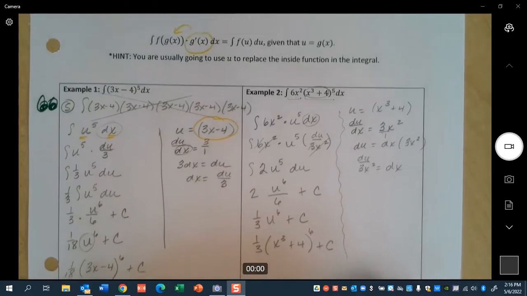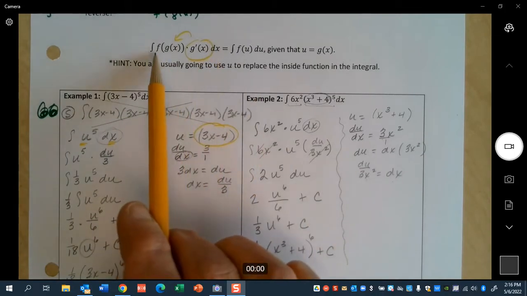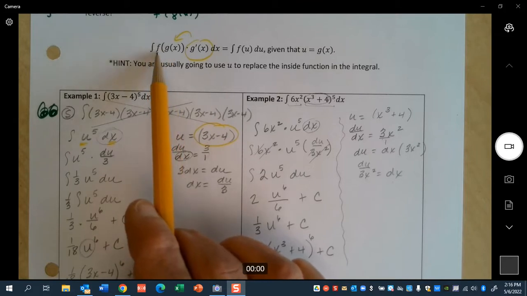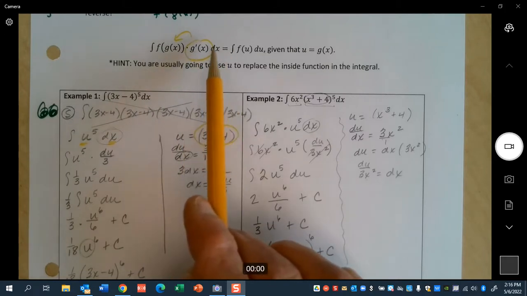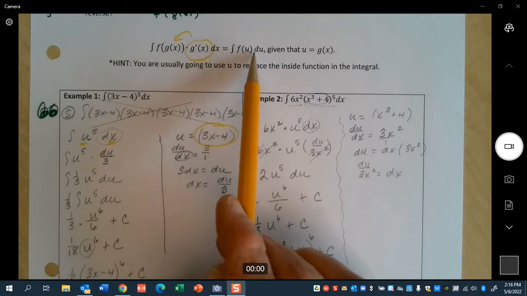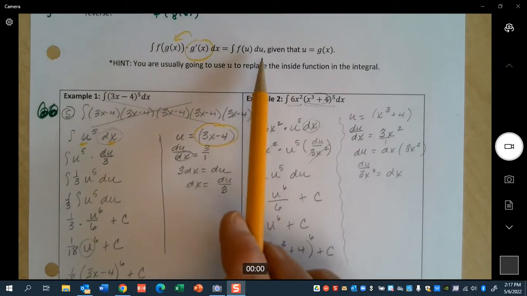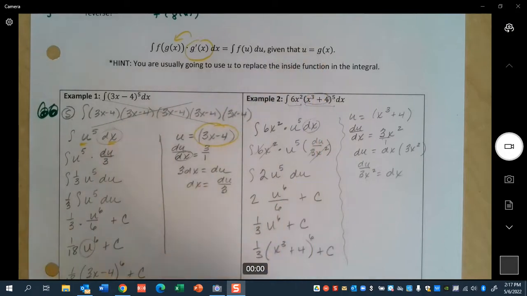If I'm trying to integrate a composite function, a function within a function, I end up multiplying by the derivative of this. And I could go ahead and do that through finding that derivative and expressing it in terms of u, because u is what I replace that function with.